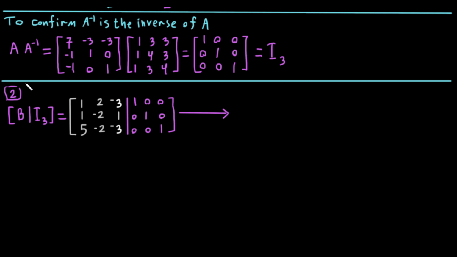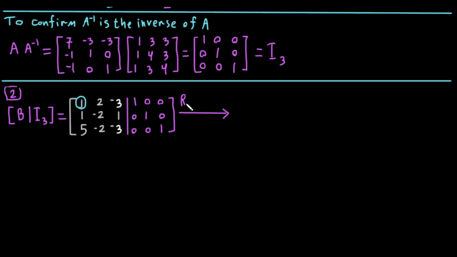Let's change the color. Now we already have 1 here, so we have to make the rest of this column 0. So 1 minus 1, it will be 0, so we just subtract these two rows. And here we have 5, so we have to multiply this row by 5.